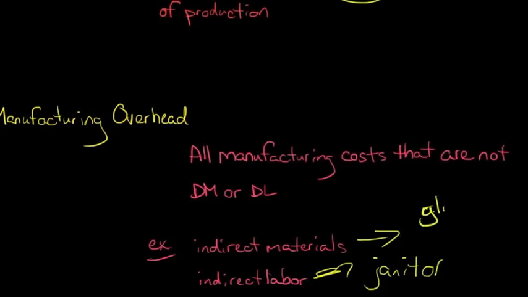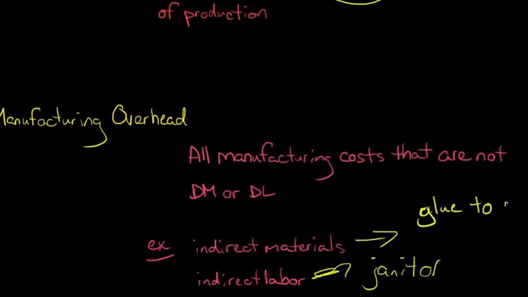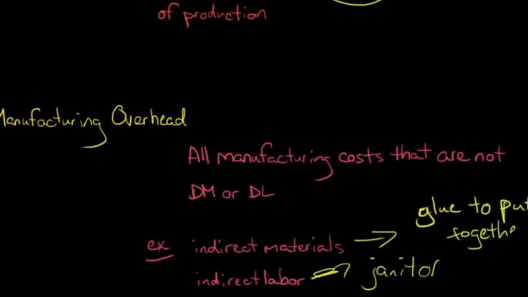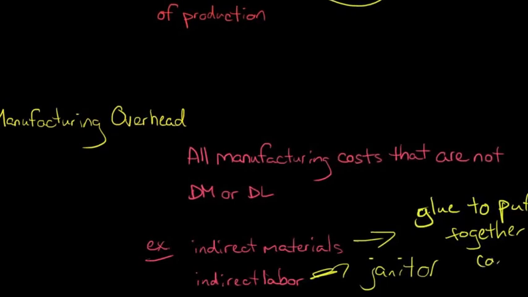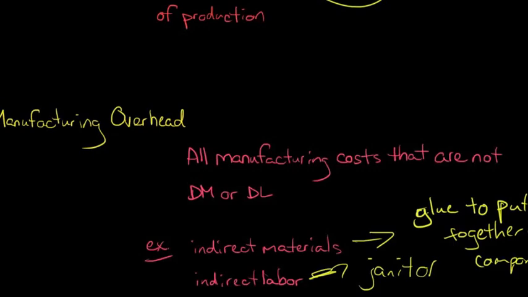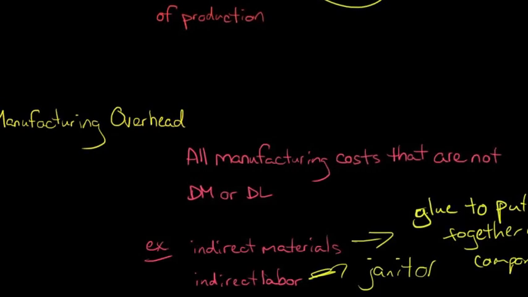So let's say there's glue to put together a component. I guess in a way you could technically say that maybe the glue is an input to the car, but not really. It's just something that's used somewhere along the line.